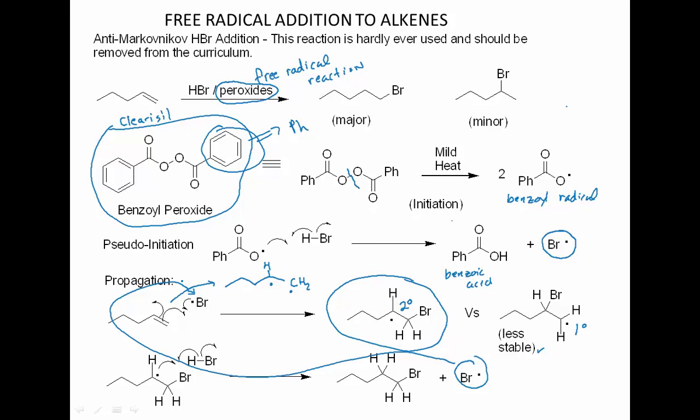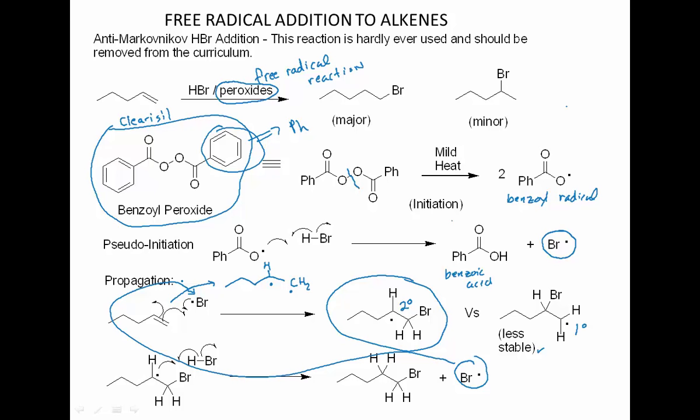This reaction is not really all that clean. It's hard to get this reaction to go 100% through the free radical pathway. The electrophilic pathway is competing with it to some extent. So when people really need primary halides from alkenes, we're going to see that they don't use this reaction. We'll discuss that process when we get to chapter 8. We'll see a much better way.